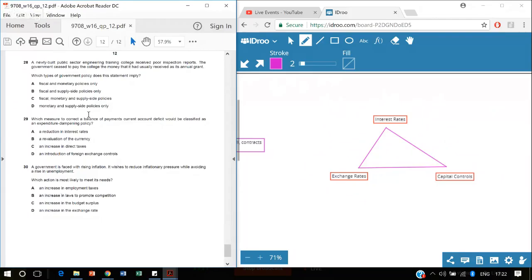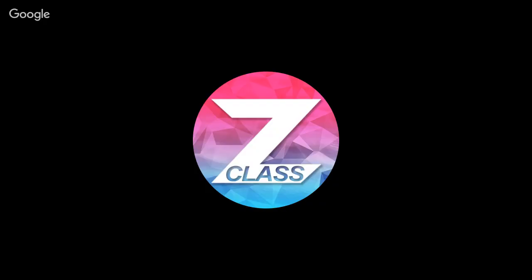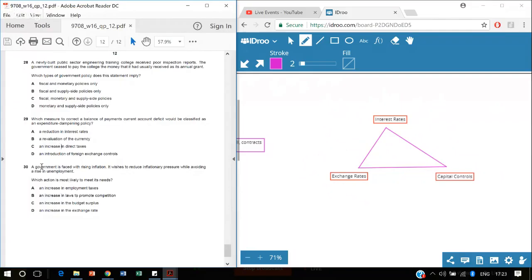Foreign exchange controls are things like how easy it is to move money in and out of the country. That's not just going to affect imports, that's also going to affect exports. So it's definitely expenditure dampening, but it's not necessarily going to have a positive effect on the deficit. Okay? Very good. Whereas C is a very obvious answer there.